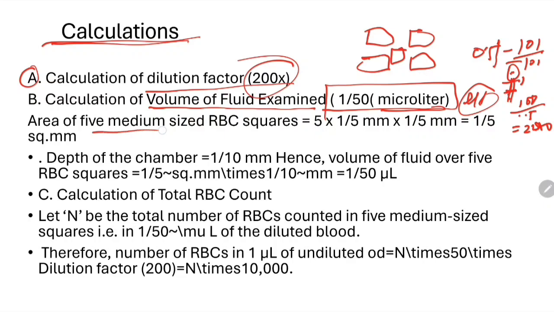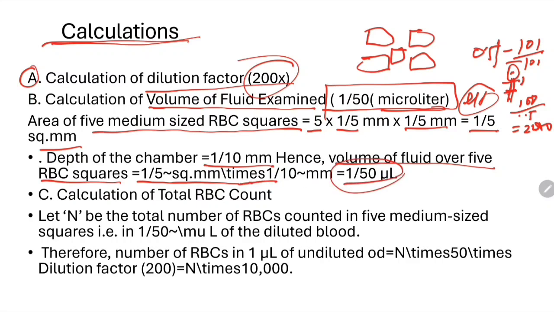The area of 5 medium size squares is 5 into 1 by 5 millimeter into 1 by 5 millimeter, so 1 by 5 square millimeter, and depth is 1 by 10 millimeter. Hence the volume of fluid over 5 RBC squares is 1 by 50 microliter. So 1 by 50 microliter volume we are going to count, and not 1 microliter.